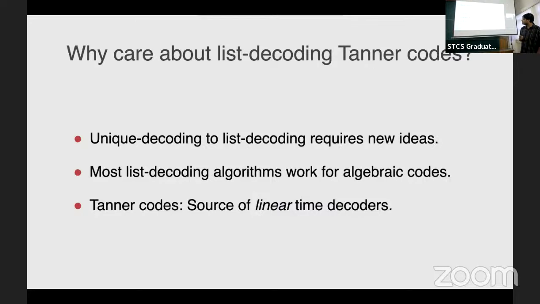And Tanner codes are also the source of linear time decoders. So if we really want to construct linear time codes achieving list decoding capacity, etc., we should look at Tanner codes closely. But of course, our algorithm is nowhere close to linear time.